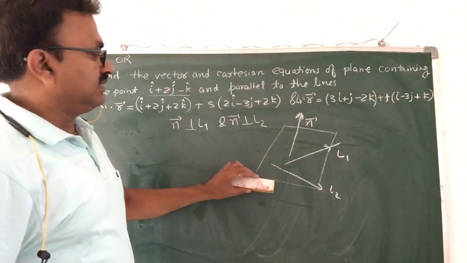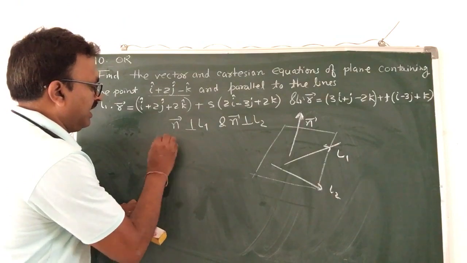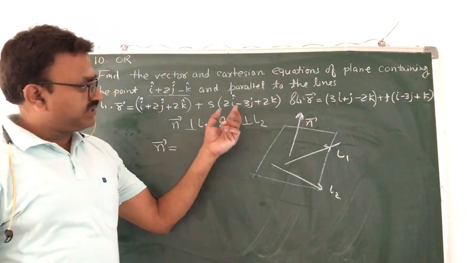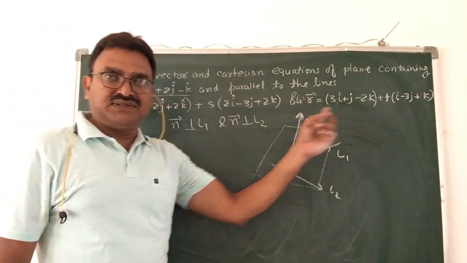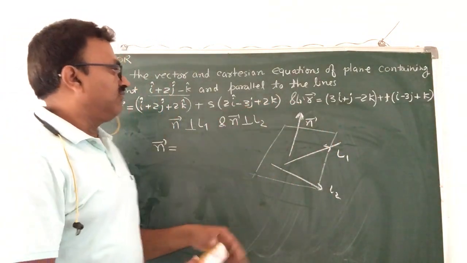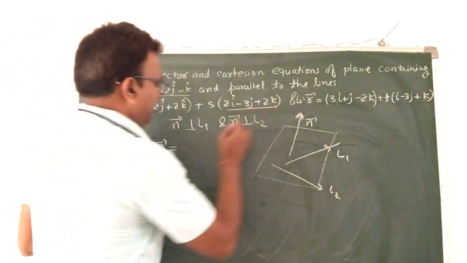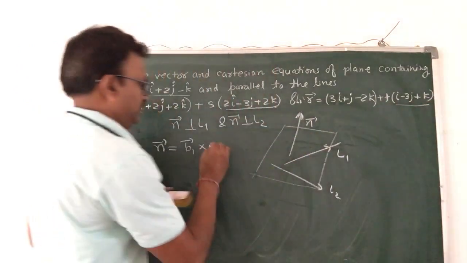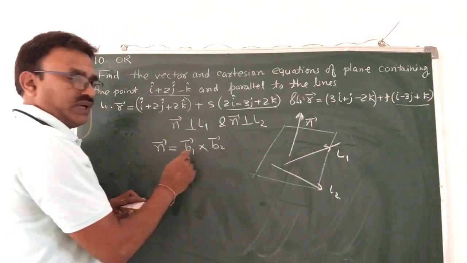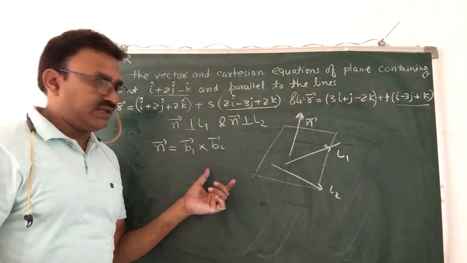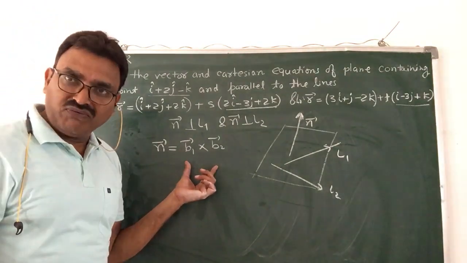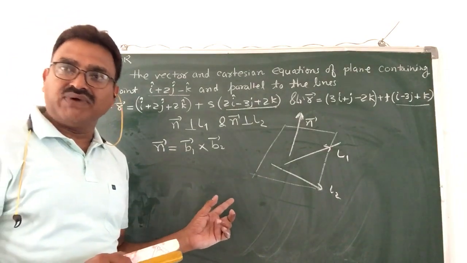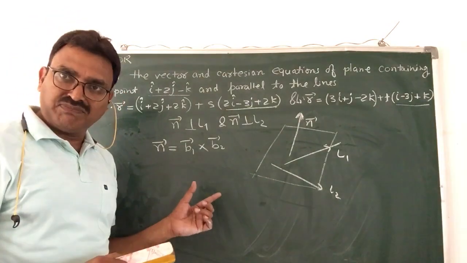It implies we can find vector n by the cross product of the direction vectors of the lines. So this is vector b1 cross vector b2, and their cross product will represent the normal vector of the plane.